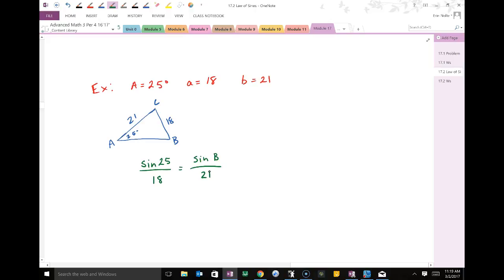How do I solve for B? Cross multiply. So I'm going to do 21 times the sine of 25 and then divide by 18. Everybody okay with that? So the sine of B is going to equal 21 times the sine of 25 over 18, right?